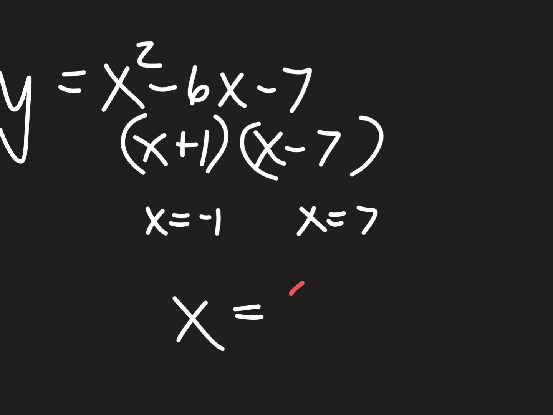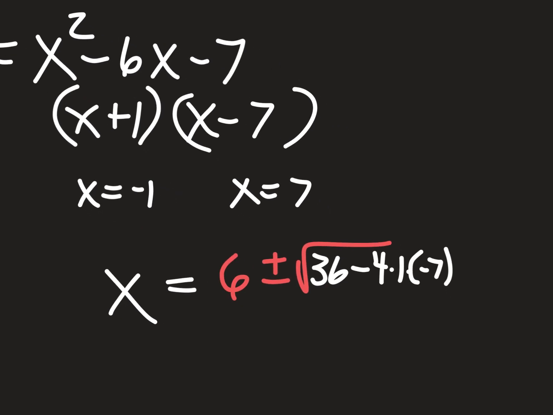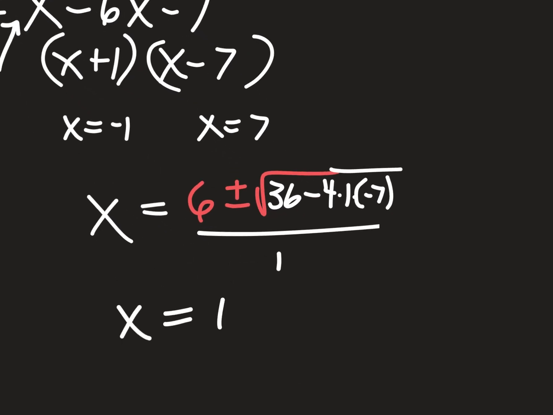So 6 plus and minus square root of b squared, which is 36, minus 4ac, 4 times 1 times c, which is negative 7, all over 2a, which is 2 times, what's a? A is 1.